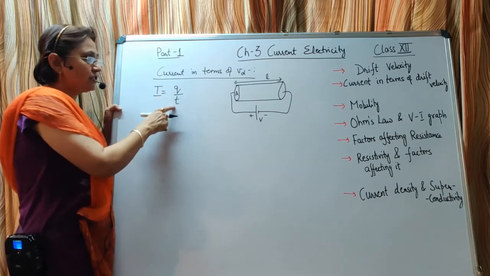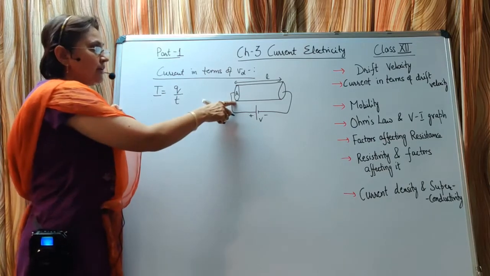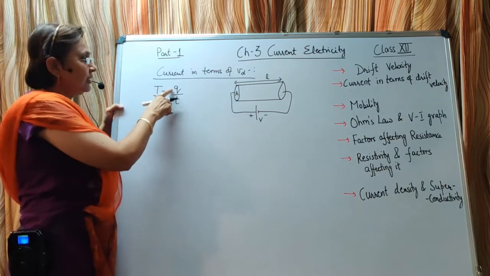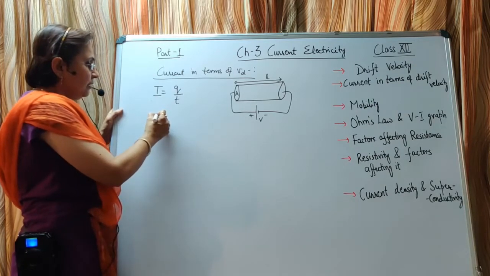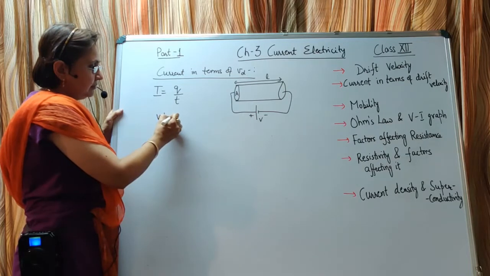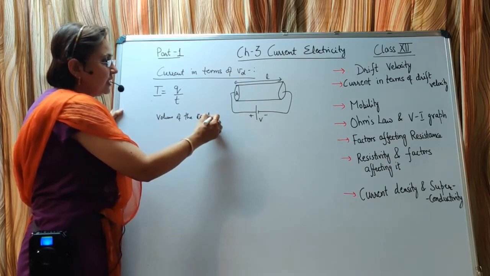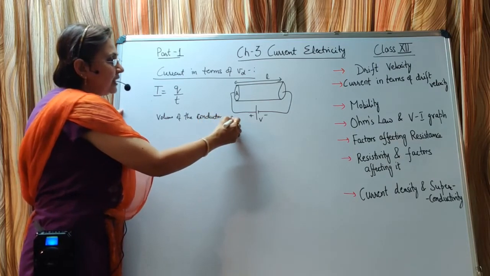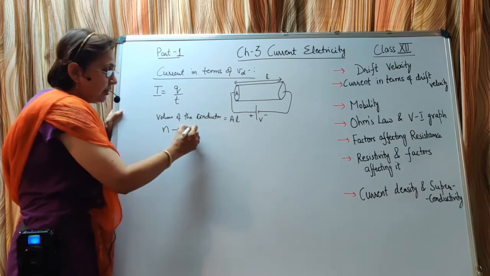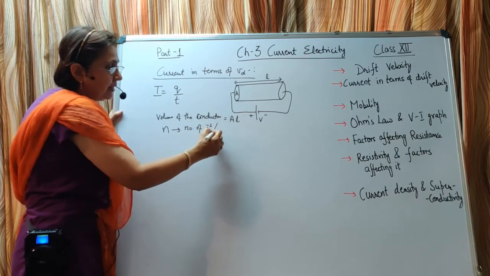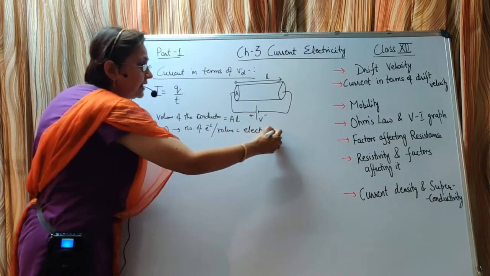So here we'll find out the charge and time for the electrons which are drifting towards the positive end of the conductor, and substitute in this equation. The volume of the conductor is A into L. Now let n be the number of electrons per unit volume, which is also called the electron density.